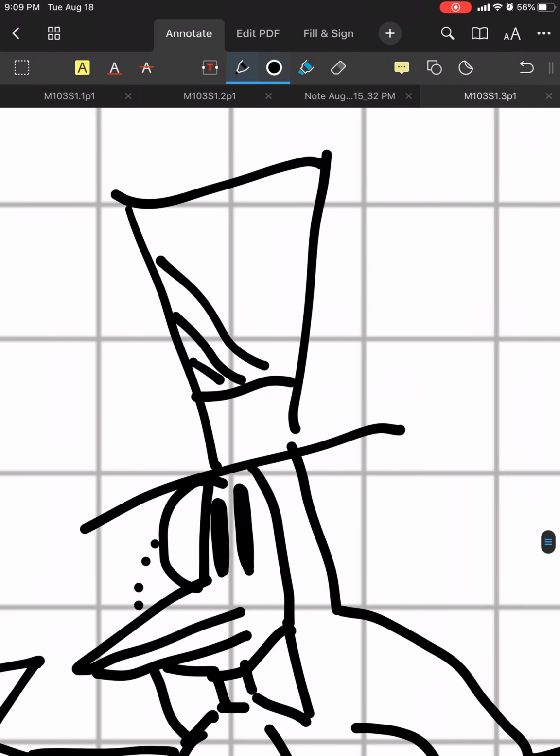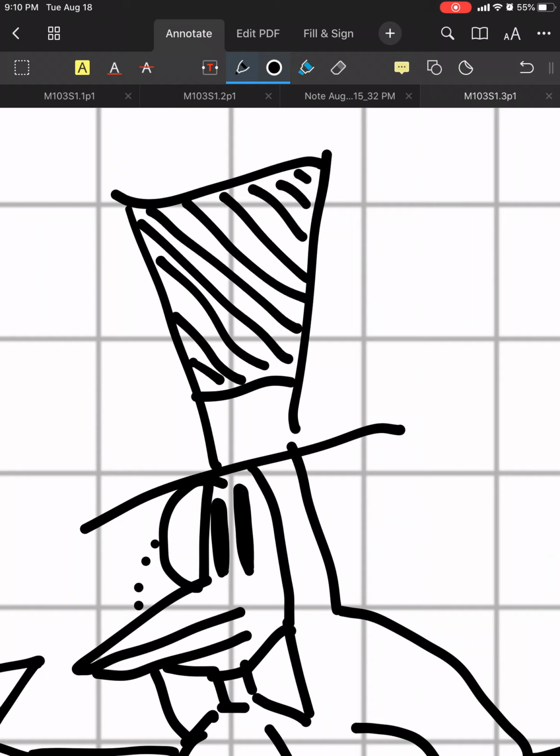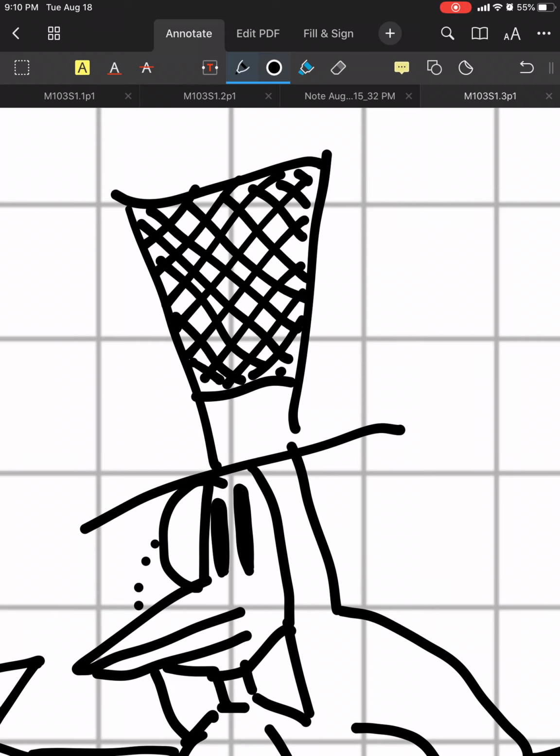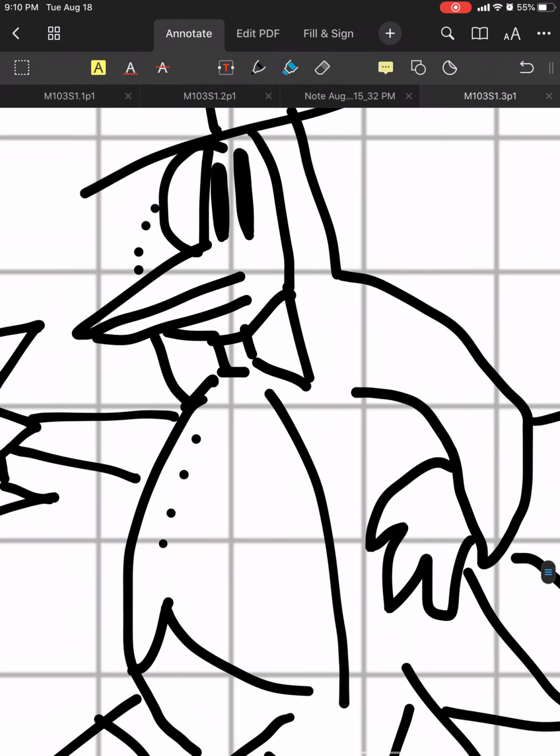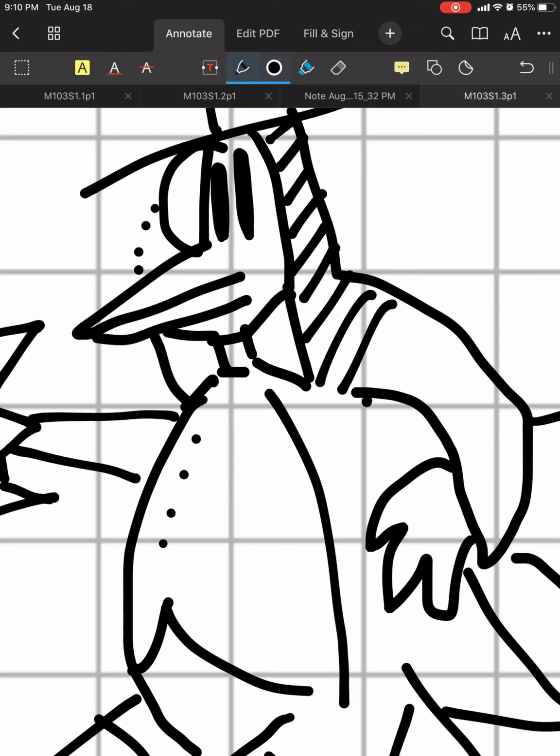But reproduce the penguin for 100% of the grade. Cross-hatching seems to be the way to go on this thing. But maybe not. Maybe I'll do this.